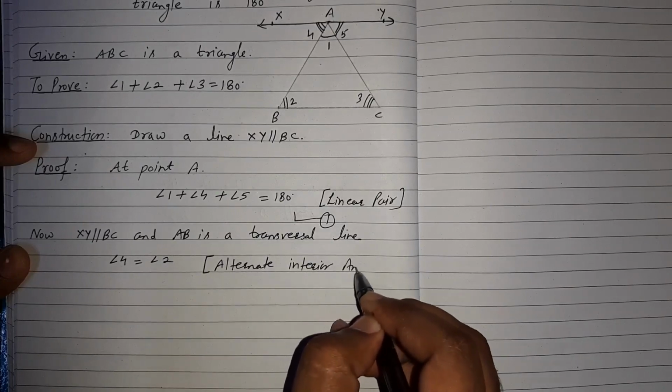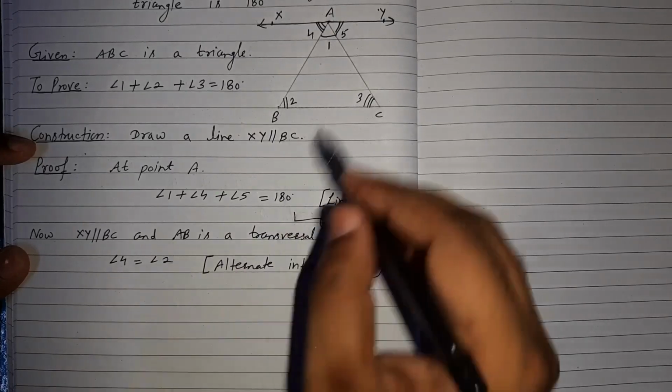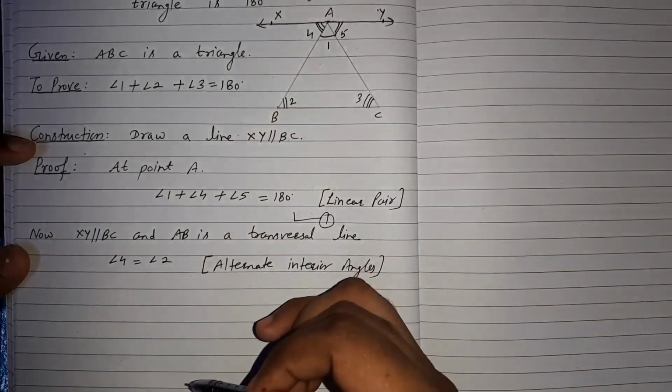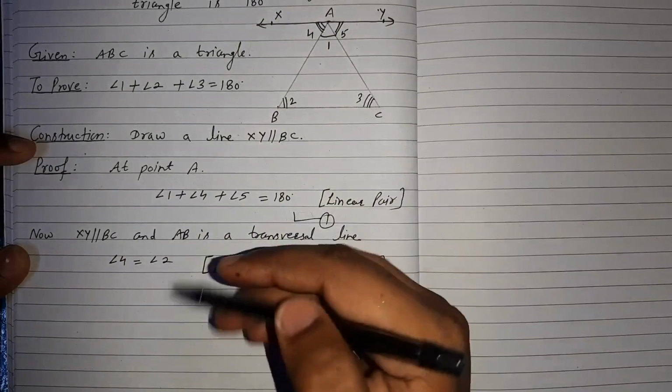Again XY is parallel to BC and AC is a transversal line, so angle 5 is equal to angle 3.